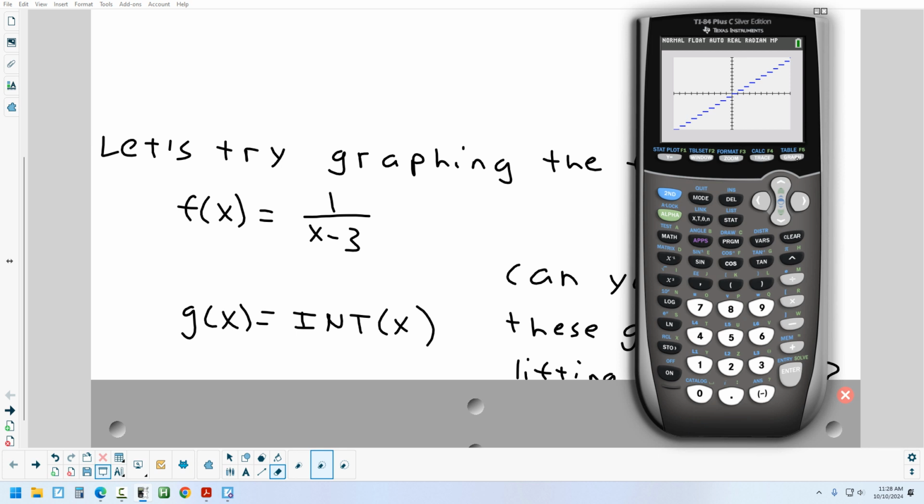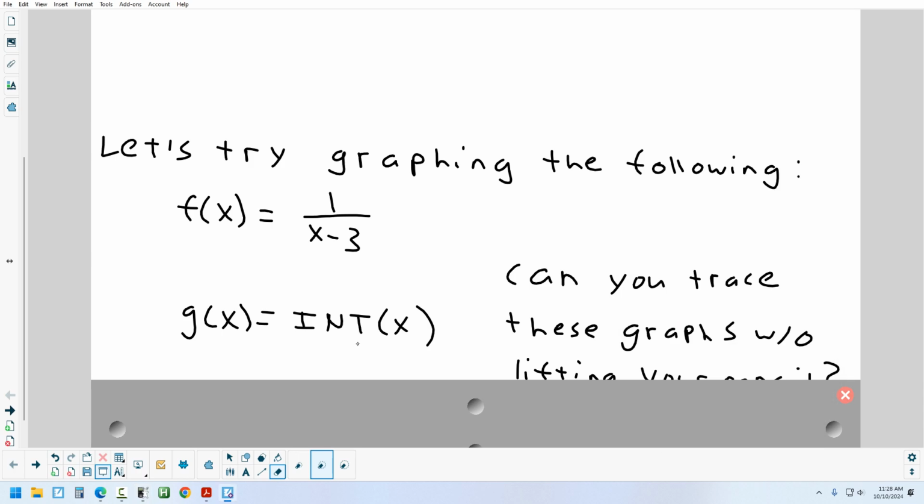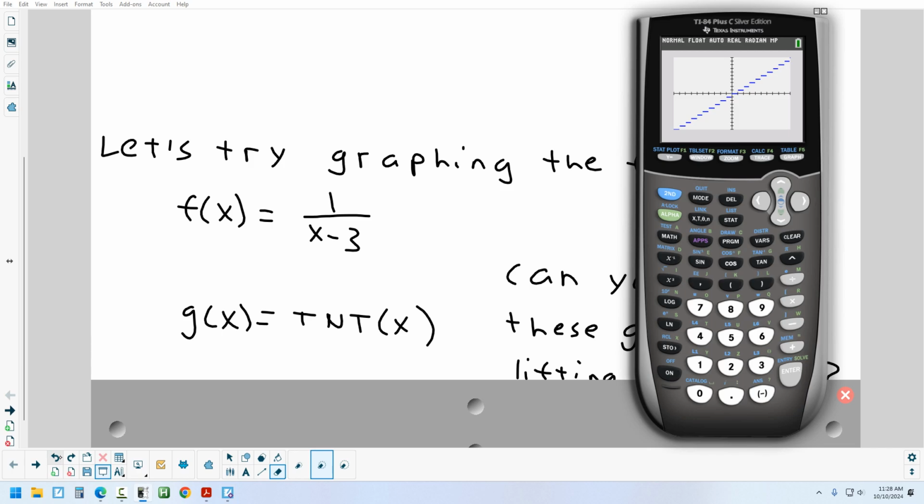So you don't get decimals in the y values ever. You can get a 2 in the y value, you can get a 3 in the y value, but you can't get anything in between because of rounding. Okay? Not because of dividing by 0. So that's a little different than the first one. But I still have to lift my pencil when I draw it, which is the point.